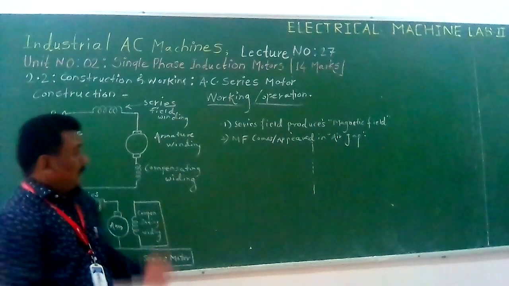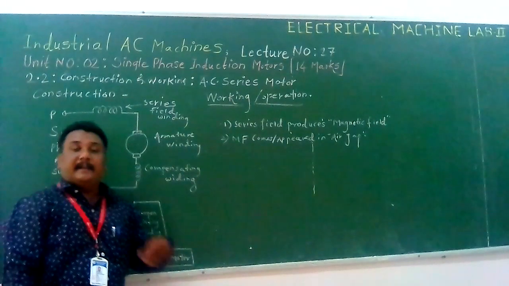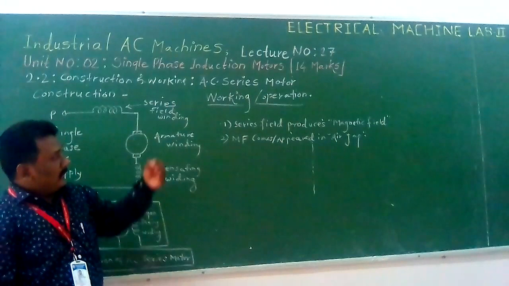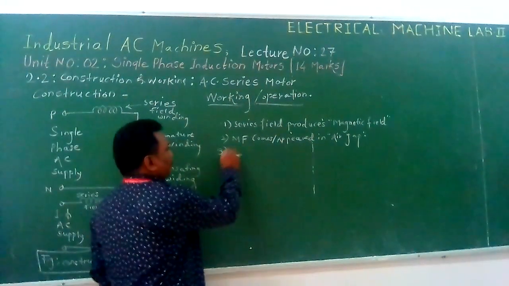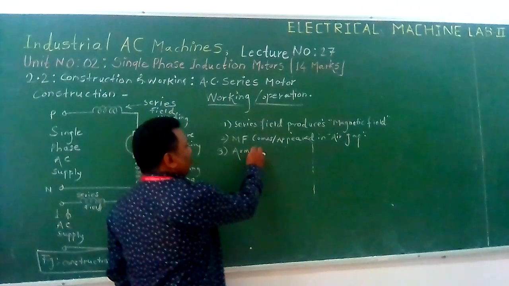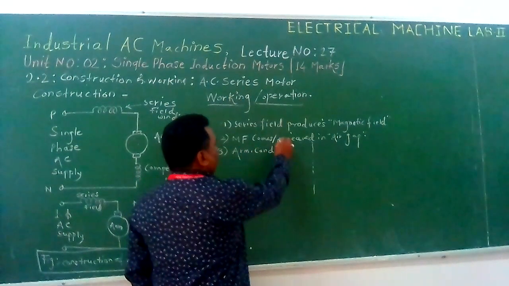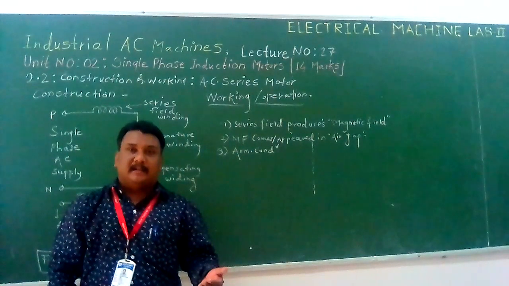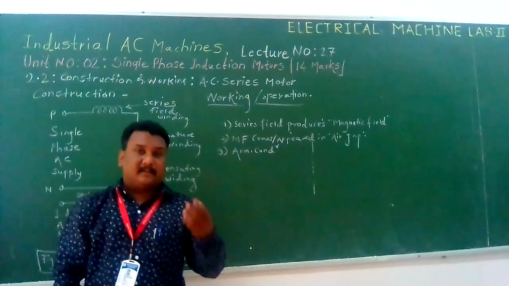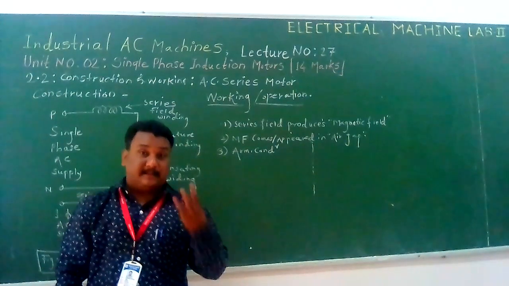Then next what happens? After the air gap, it links with the armature conductors. We know that the armature has a large number of ampere turns. We are already seeing this in modification point number 3.